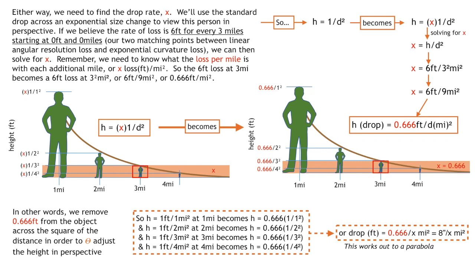At 2 miles he's lost about 2.6 feet of himself, or about half of his body. At 3 miles he's lost 1 full body. His 6 foot has disappeared. At 4 miles he's lost about 10.6 feet of himself. In other words, if we remove 0.666 feet from the object across the square of the distance, this is what we're doing in order to theta adjust our height in perspective.